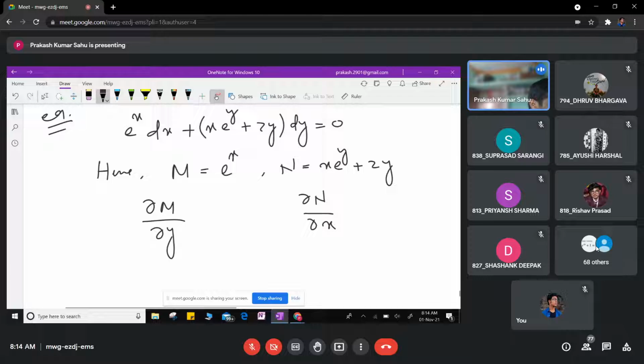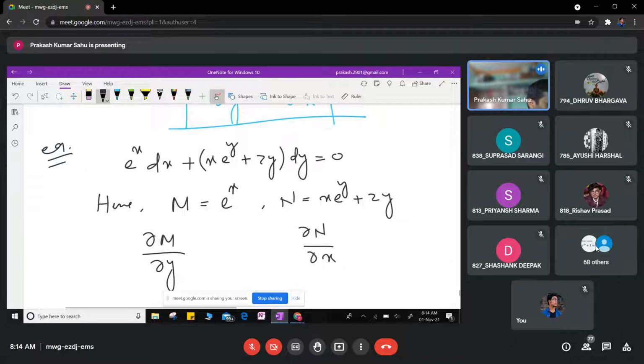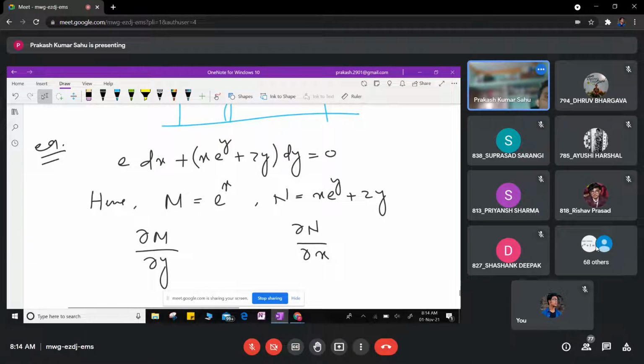So let us see, if you find del M by del y. Okay, sorry, this is e to the power y, sorry, please change it. This M is equal to e to the power y, not e to the power x.